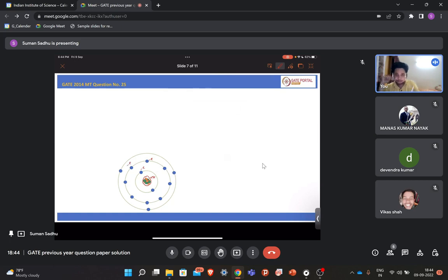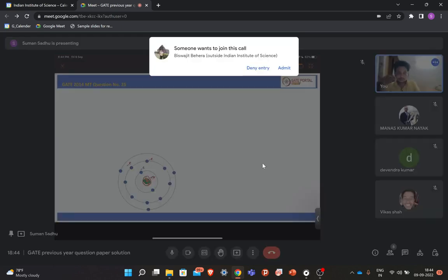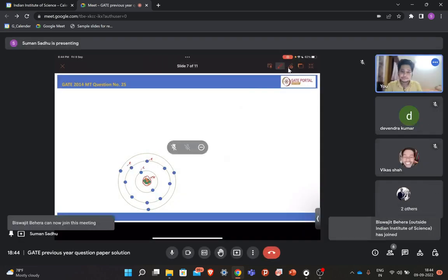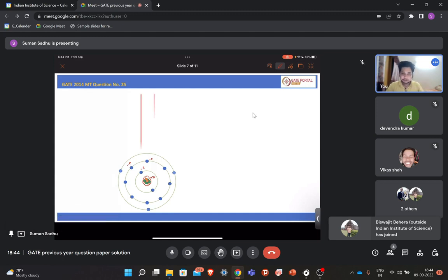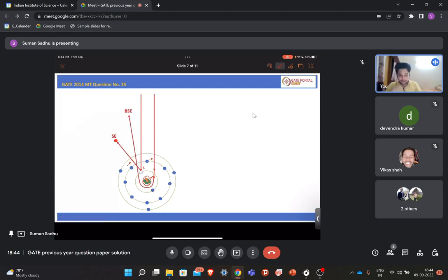Now if the beam electron is coming, two kinds of things can happen: elastic scattering and inelastic scattering. What is elastic scattering, do you know? Anyone?